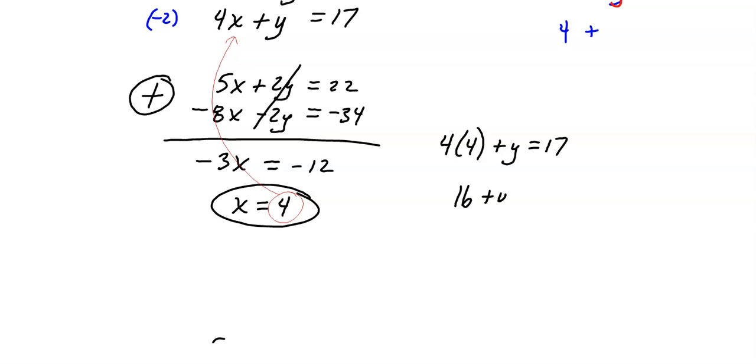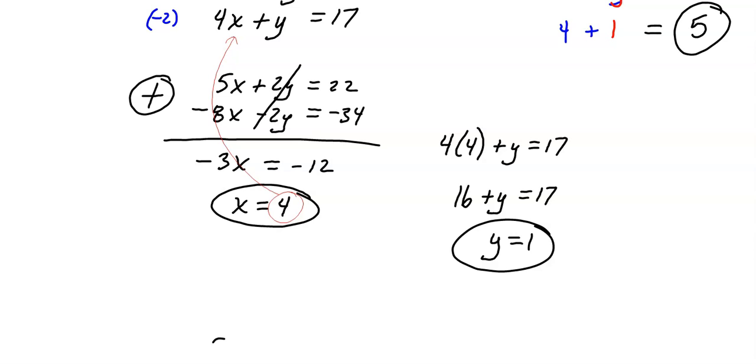So 16 plus y is 17. Minus 16 from both sides, you get y equals 1. So now I know that y equals 1. So my final answer to this question is 5. That's the ultimate answer.